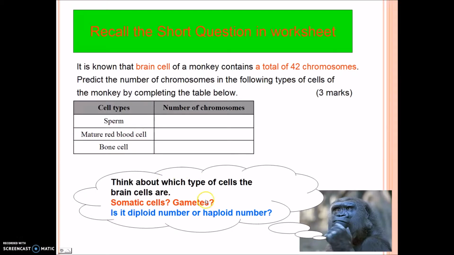In this case, remember to cultivate the thinking process. Which type of cell? Somatic cell or gamete, diploid or haploid number of chromosomes? Then you will know that it is 21 or 0 and then 42.